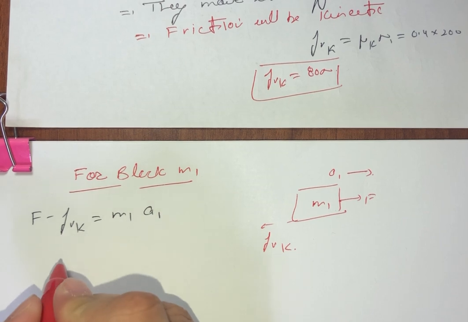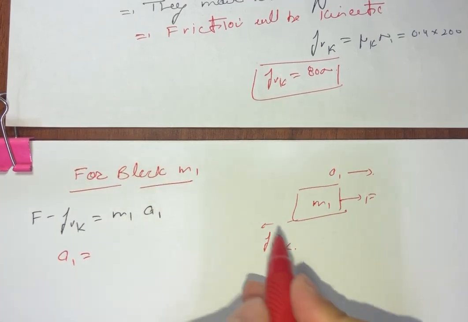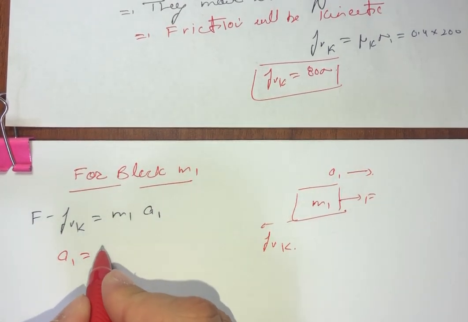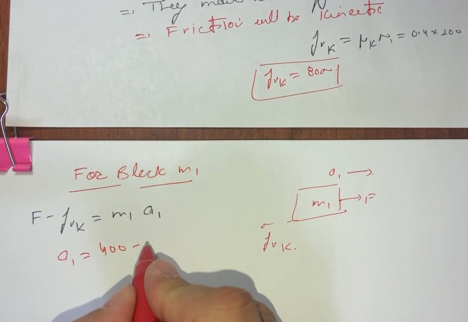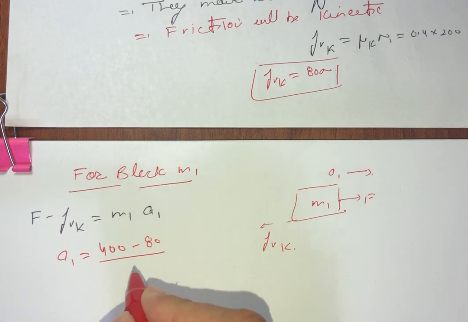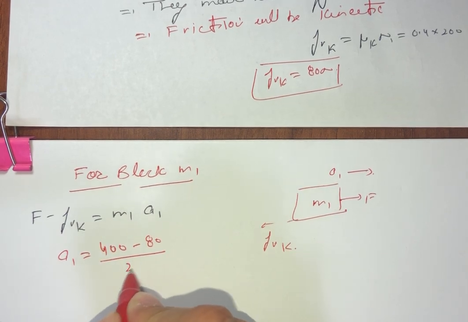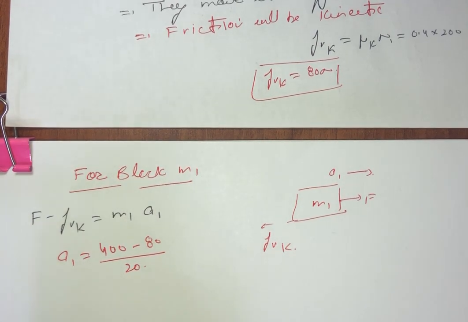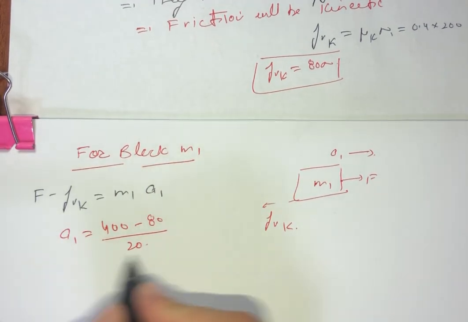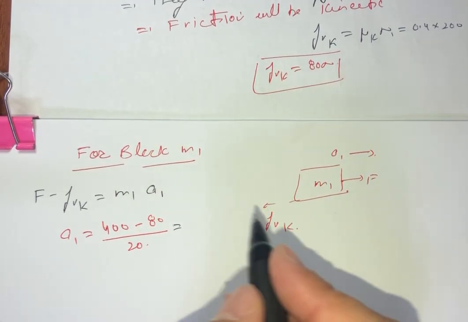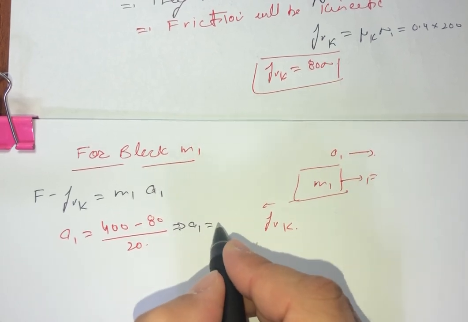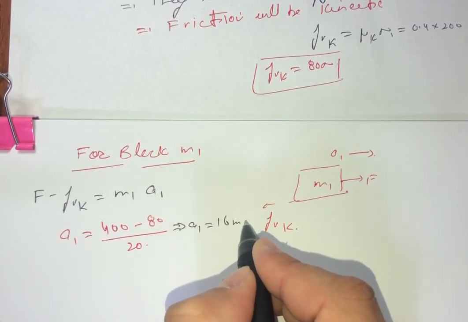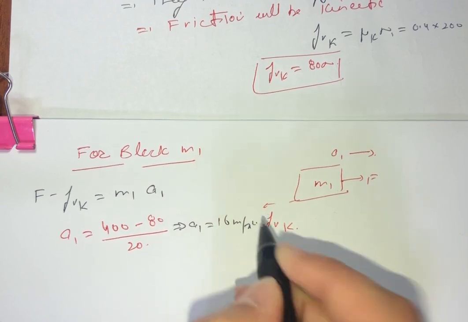So F is 400, Frk is 80 Newton, and m1 is 20, so a1 is equal to 16 meter per second square.